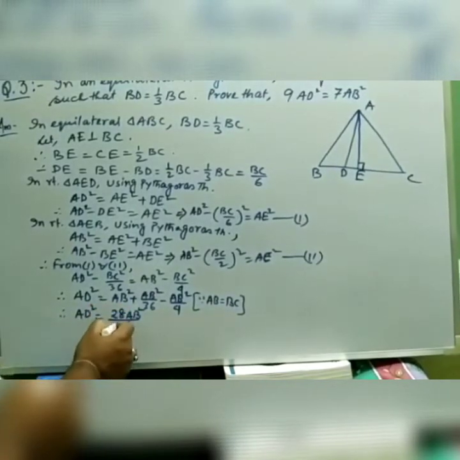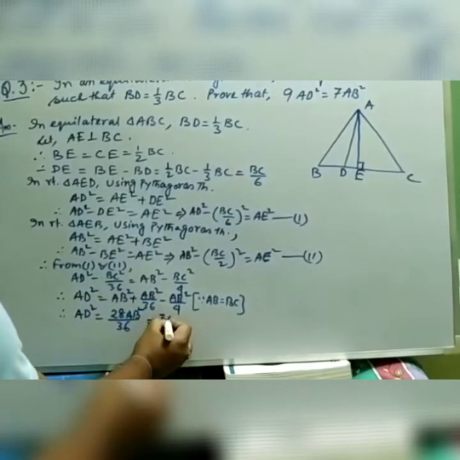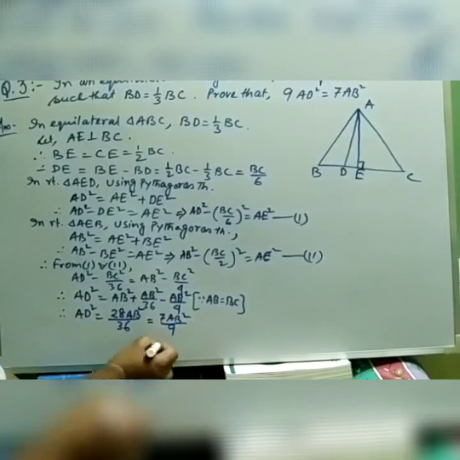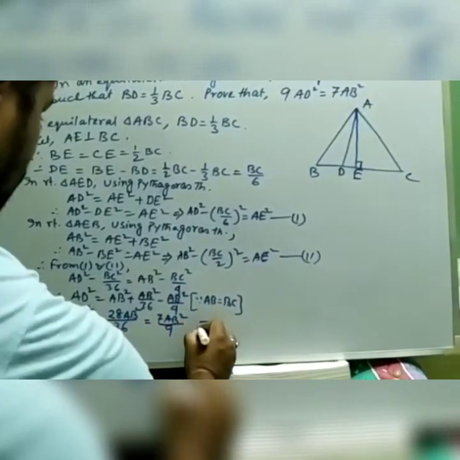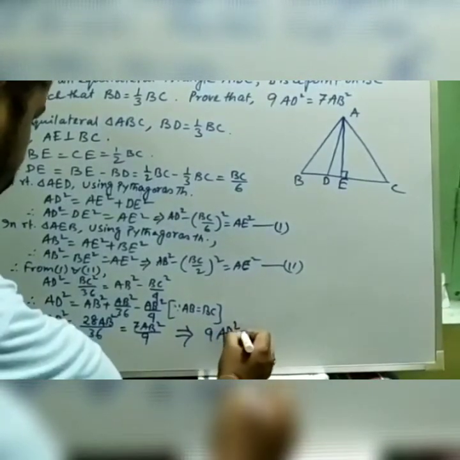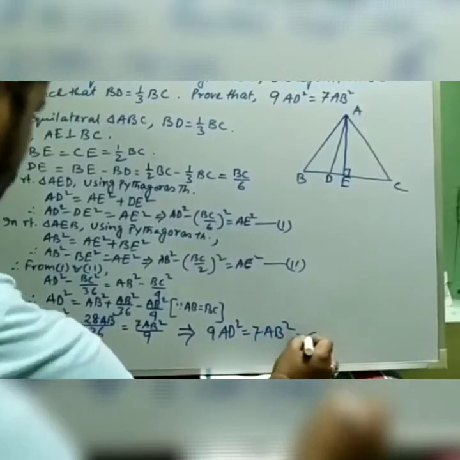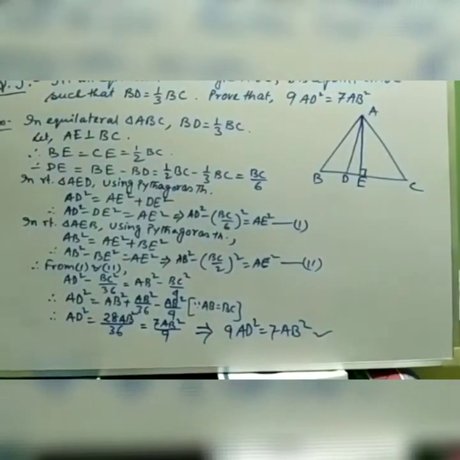You can see 28 and 36 are divisible by 4, and it gives 7 AB square by 9. Doing the cross multiplication, you get 9 AD square equals 7 AB square, and that's the proof of the question.